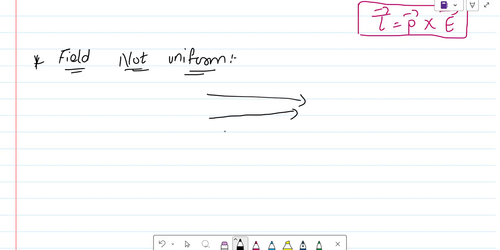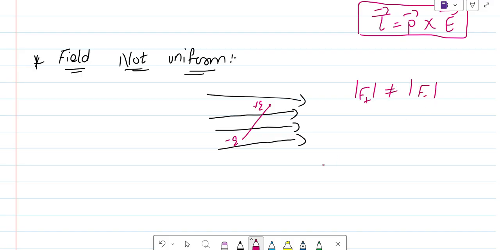And if in this field a dipole is placed, in that case the magnitude of the force on the positive charge and the magnitude of the force on the negative charge won't be equal. From the figure, the plus charge experiences more force than the negative charge because the field lines are closer towards the positive charge.